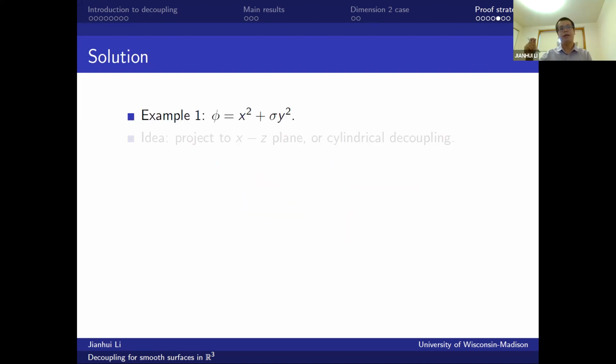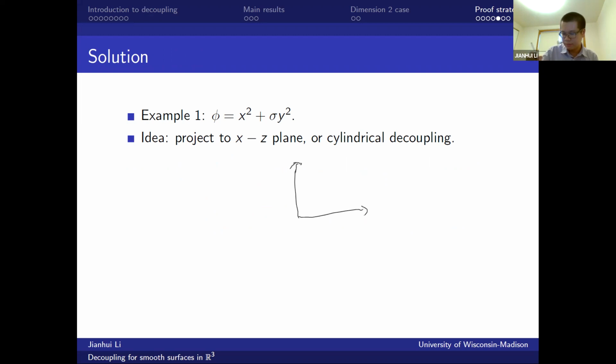Say you have phi equal to x squared plus sigma y squared. It is a simplified model, but we'll look at it. So how about we project onto the other plane, right? If we project onto the xz plane, what do we get? What we get is this, right?